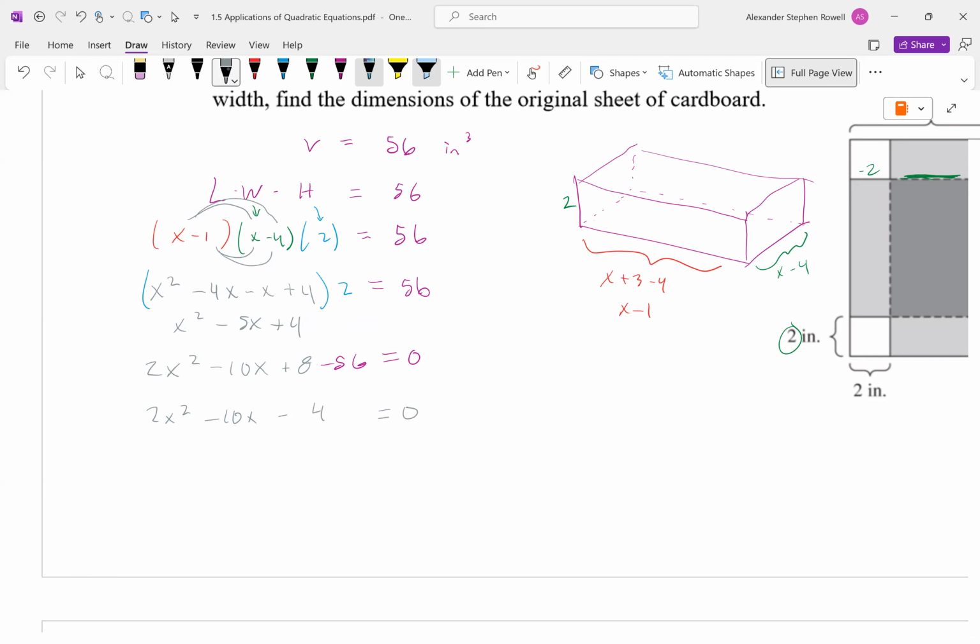Good, negative 48. Common factor of 2. Let's take out the 2. X squared minus 5x minus 24. Does it factor, or do I need to do quadratic formula?